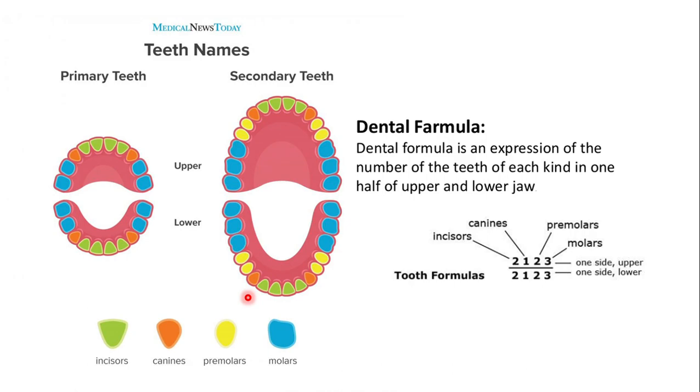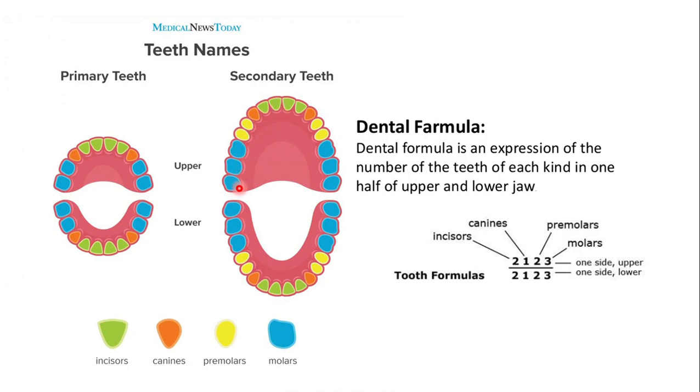So you will see that our dental formula is 2 plus 1 plus 2 plus 3. The two is the incisors, the one is the canine, the two is the premolars, and the three is the molars.